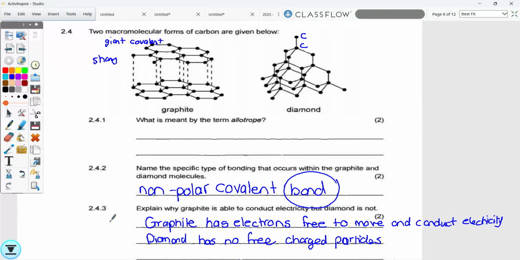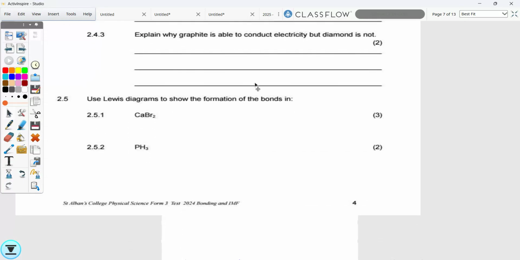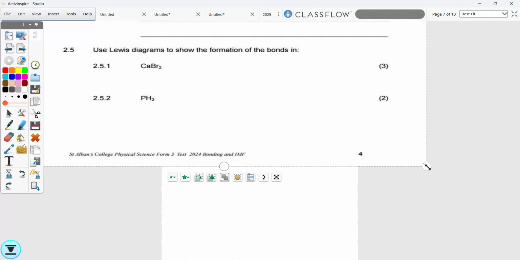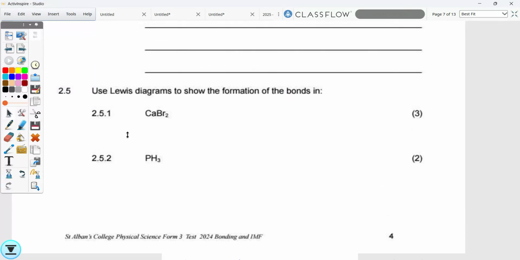But that first bit, they'll just scan through and look out for electron moving for graphite, and electron not moving for diamond. Okay, guys, this electricity thing, definitely very important. Okay, and you will definitely get this as well. 100%. This will be in your test.